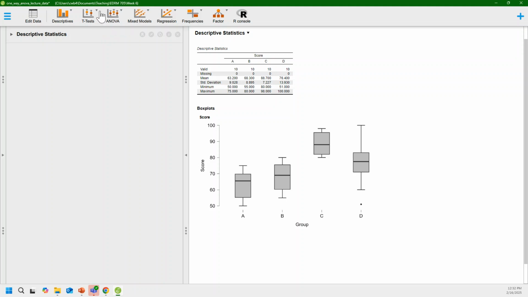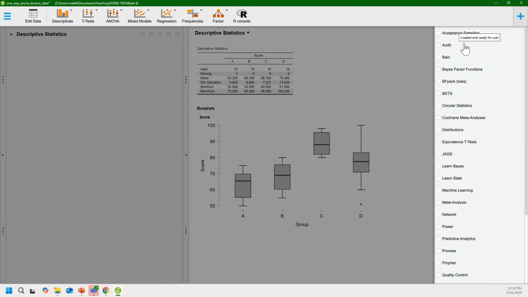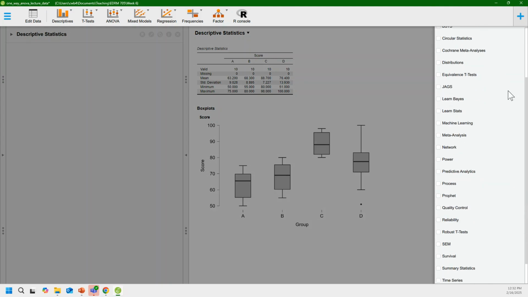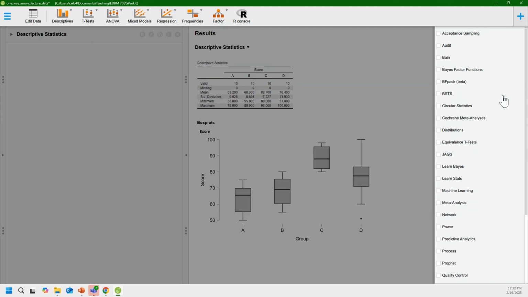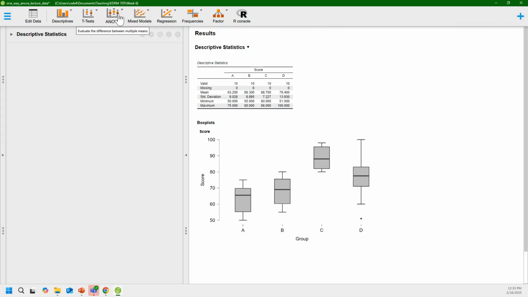If you don't see this ANOVA menu, you can go over here to this plus sign. Since I already have mine here, I think it's a standard there. And if you don't see it, please let me know. But I'm going to go here to ANOVA, and under the classical analysis, I'm going to go to ANOVA.